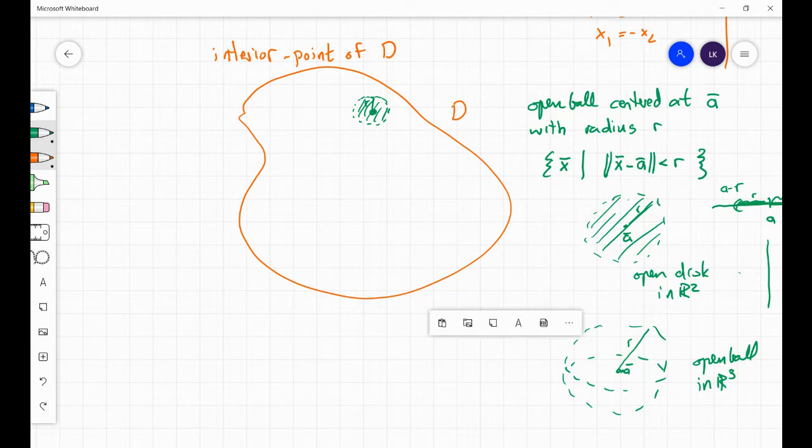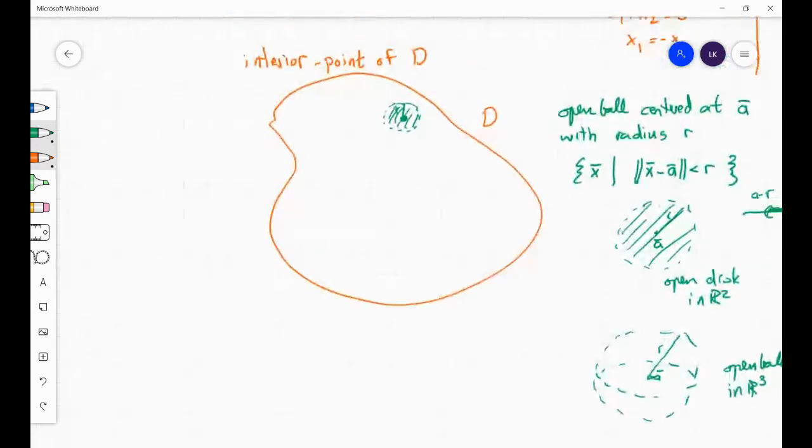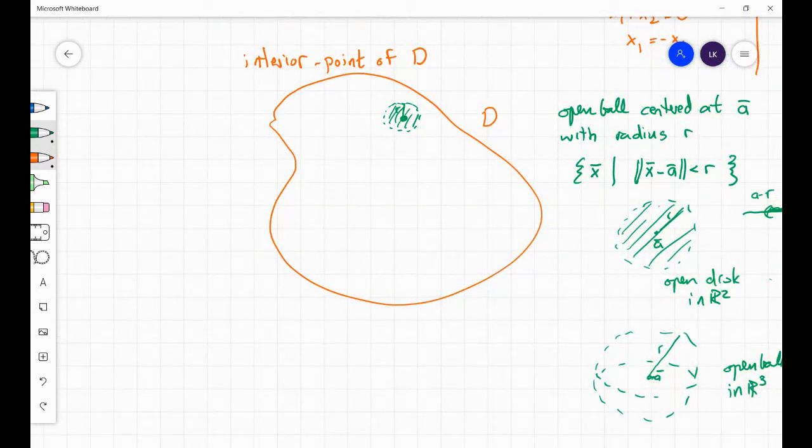So just to remind you, an interior point is one that's contained inside the region, but more precisely, there's an open ball containing it that's completely contained in the region. And we can draw that ball as small as we need for it to be contained in the region.